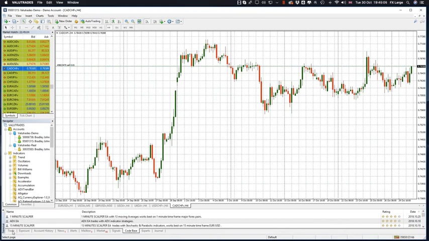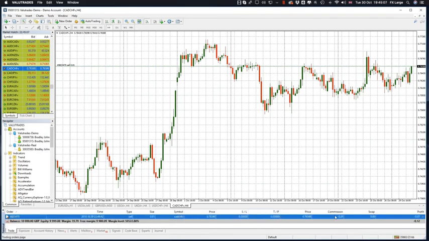I can click my trade button. It will now show me where I am. So basically, I am now down a huge amount, 0.6 Swiss francs. Okay. In the terminal, we're looking at this particular trade.